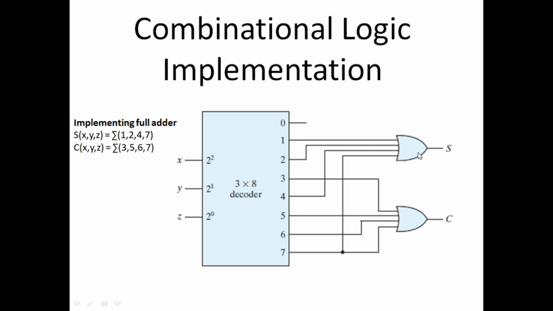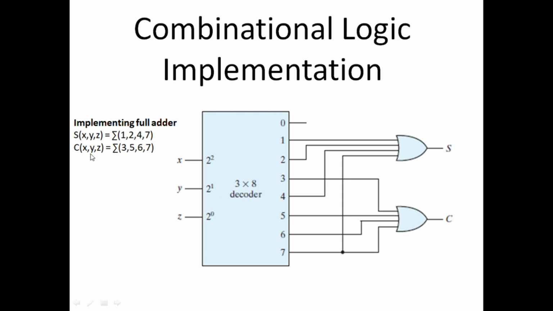So the sum bit of the full adder is the sum of these 4 minterms, and we already have these 4 minterms from the 3 to 8 line decoder. Just give the 3 bits of addend, augend and the input carry to the 3 to 8 line decoder, and use an OR gate, and you would get the sum bit of the full adder.